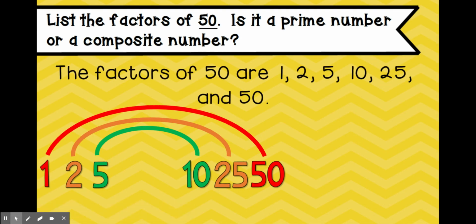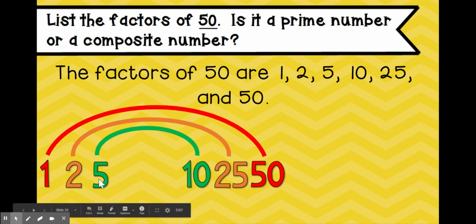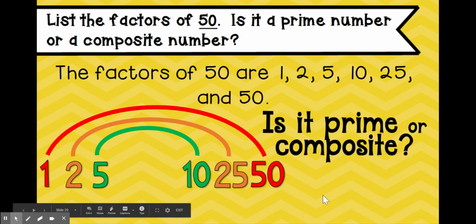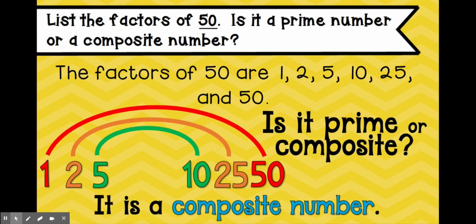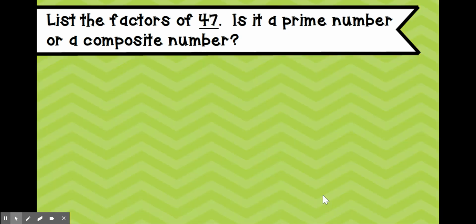So the factors of 50 are 1, 2, 5, 10, 25, and 50. So that makes it 6 factors. Is it prime or composite? It is composite because it has more than 2 factors.